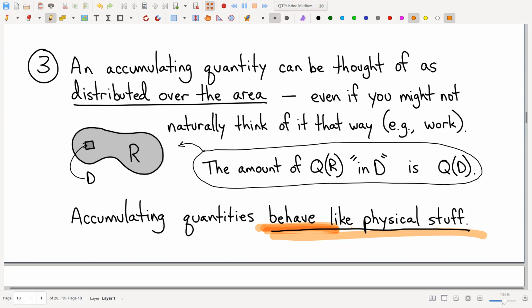And so, again, this is not necessarily physical. I mean, you take work, for example. You'll recall from the test, we had this question about how much work it would take to move things over to somewhere, and how much work does it take to move all that stuff. Work isn't a physical stuff, right?